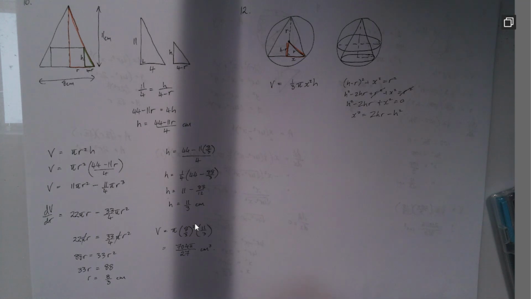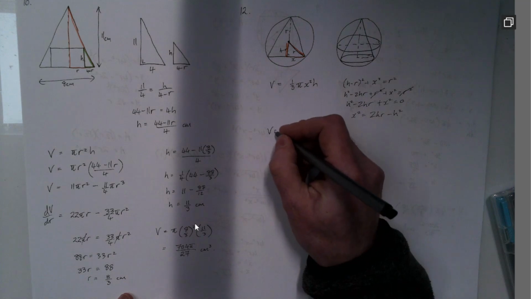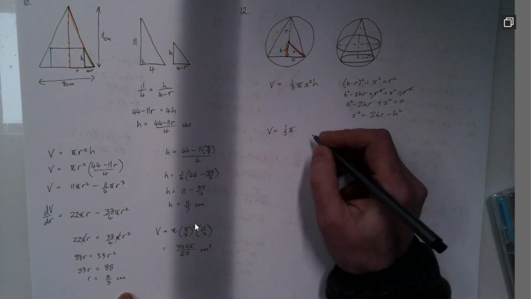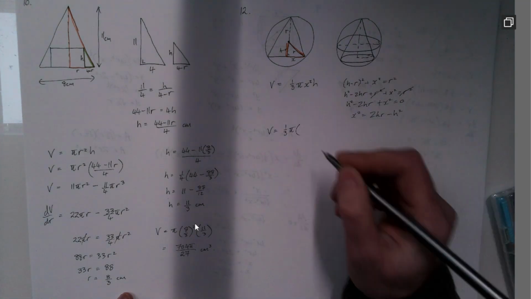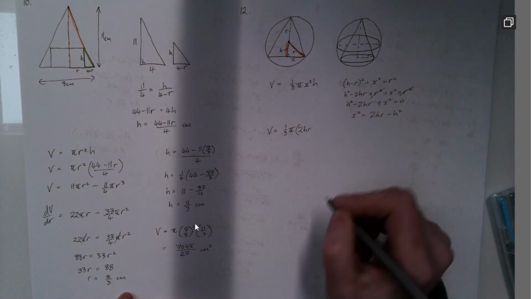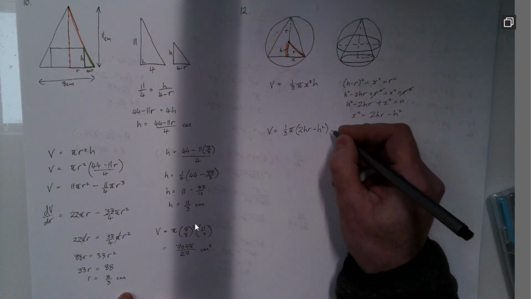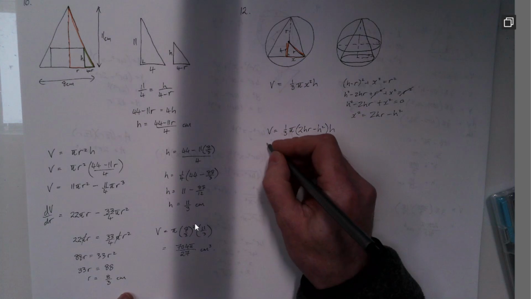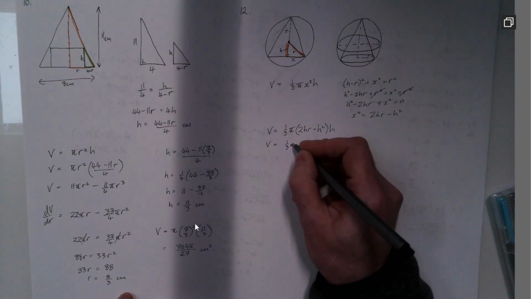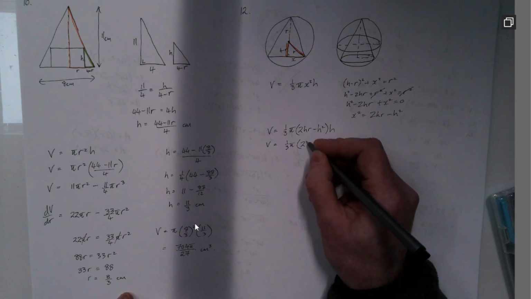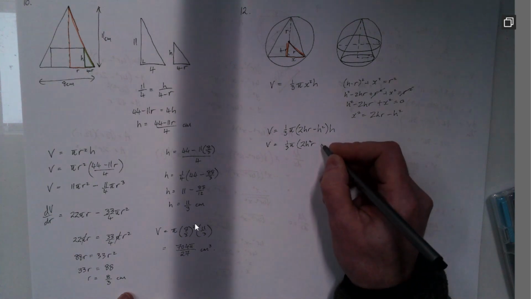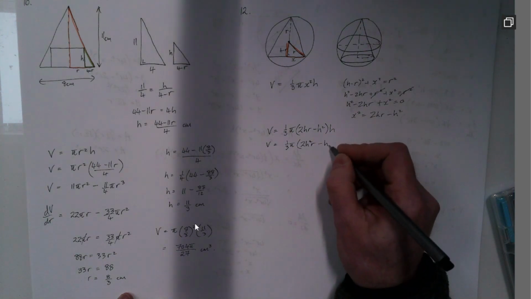So the volume formula is one third pi times x squared times h, so that's 2hr minus h squared times h. Multiplying out, the volume is one third pi times (2h squared r minus h cubed).